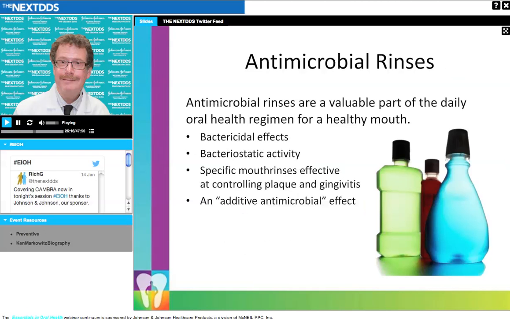Antimicrobials are helpful. Many studies have shown that they can extend the benefit of brushing and flossing. Listerine and other mouthwashes can basically penetrate the plaque and kill residual organisms that are left behind after a person brushes and flosses.